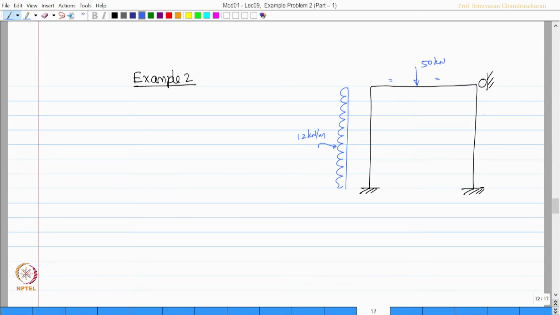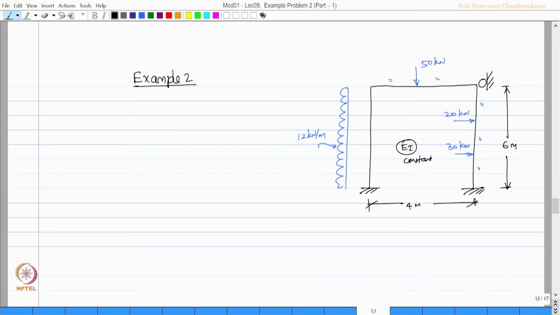Let us put 2 point loads here of intensity 20 kilonewton and 30 kilonewton of equal space. Let the dimensions of the frame be height of 6 meters and width of 4 meters. Let us have EI constant throughout.